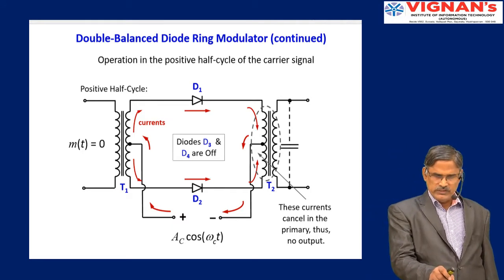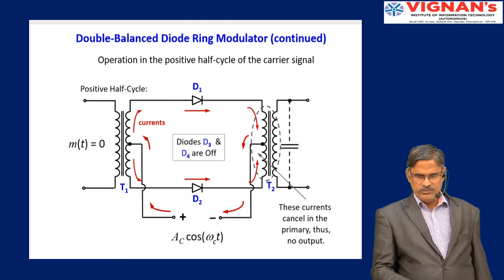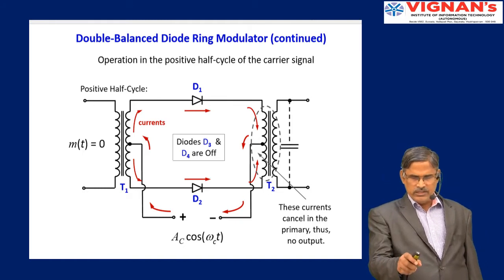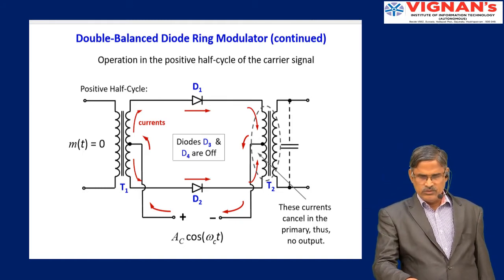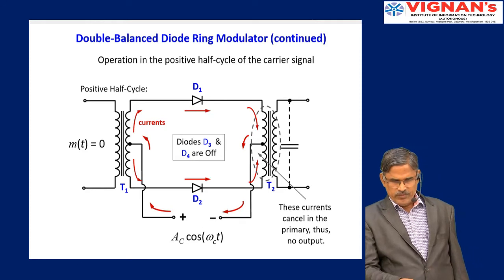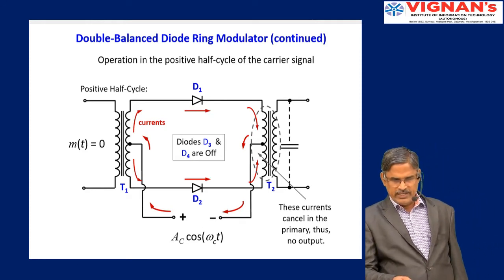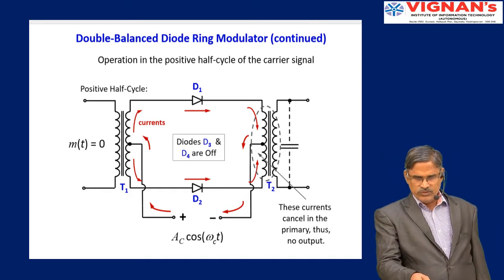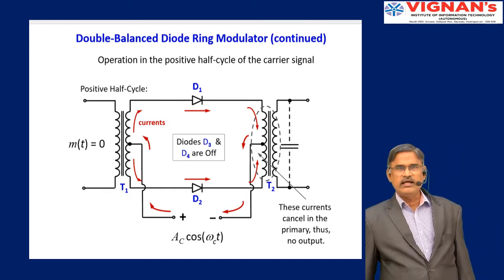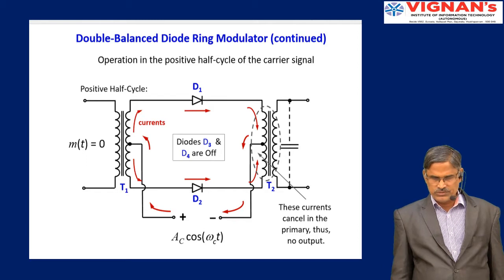So it forces a current through D1 and D2. One current comes down, another goes up in the primary of the second transformer. They go in opposite directions, are collected together, and reach the other end of the carrier source.